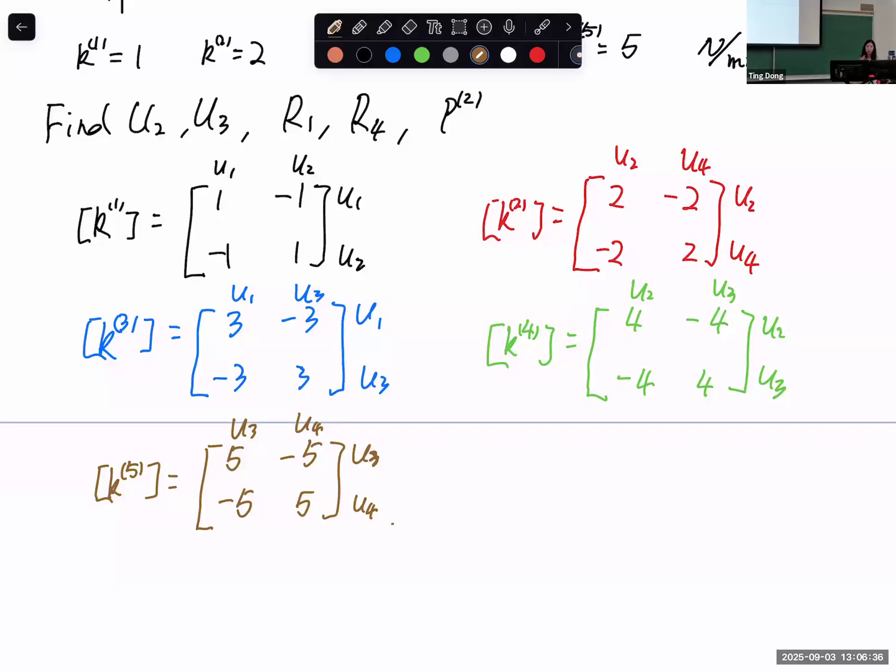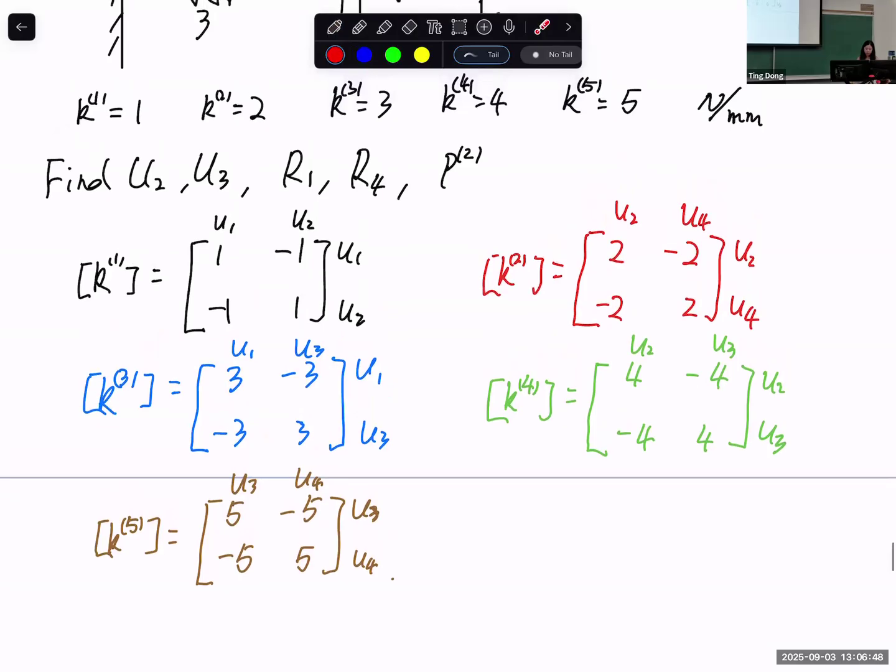This is the K matrix for each element. It's always K, 1, -1, -1, 1. And we just need to be clear what the row index and column index are for this 2x2 matrix, because this is very important: how you put it into the 4x4 matrix, where's the location of each component.